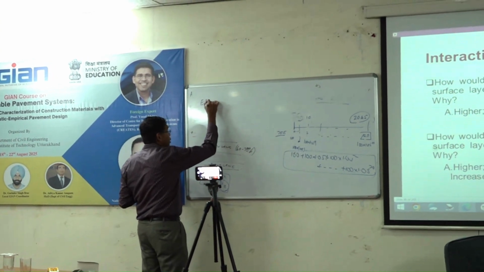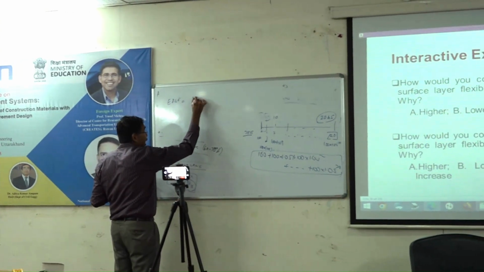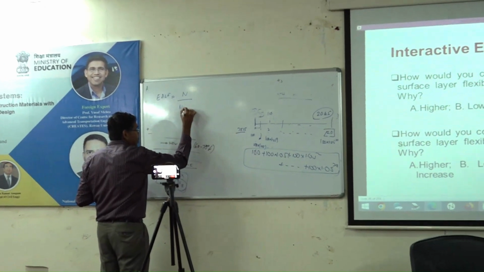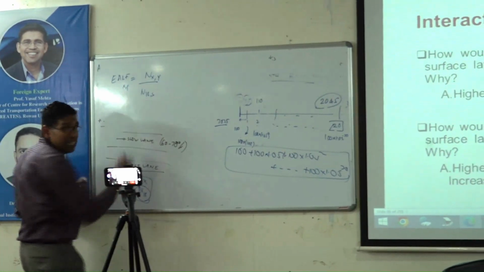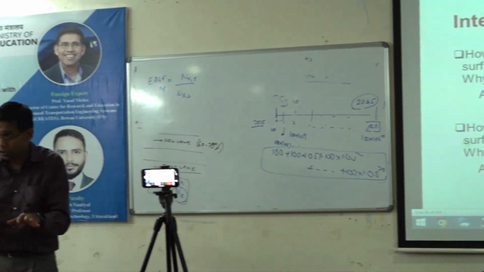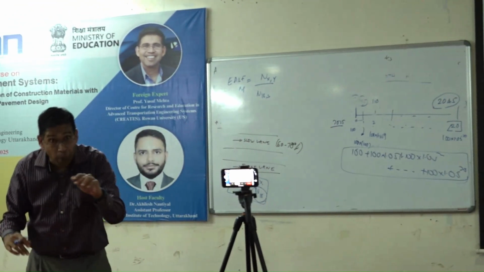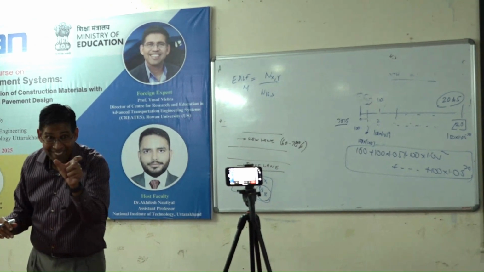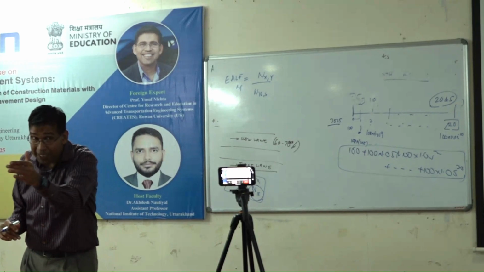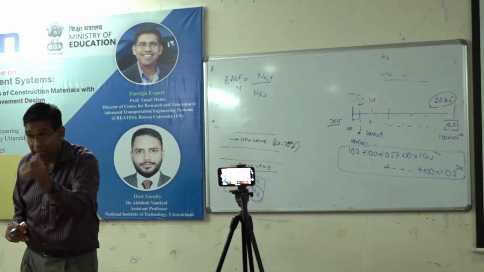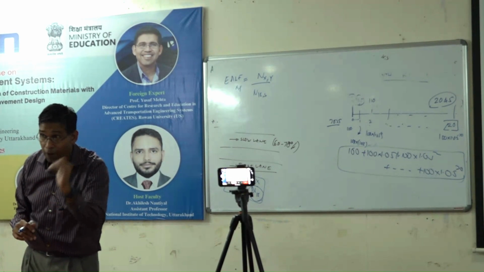ELF by definition is always compared with N18, correct? Always, irrespective of the structure. Somebody asked me that question. I said 18 kip is always 1. I showed you that table. Correct? So ELF of an 18 kip single axle for a 6-inch, 3-inch asphalt or concrete will always be what?